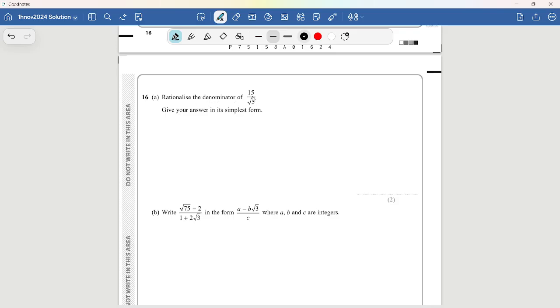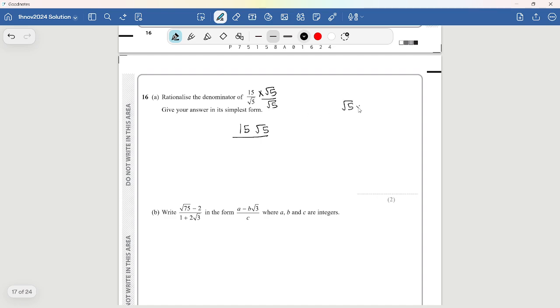Rationalize the denominator of 15 over root 5. Give your answer in its simplest form. So there is a surd in the denominator. We need to get rid of it. So I can simply multiply the numerator and denominator with the same surd. So now I get 15 root 5 in the numerator and root 5 times root 5 in the denominator.